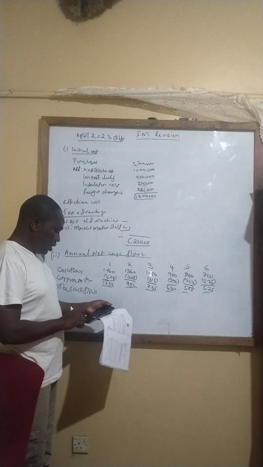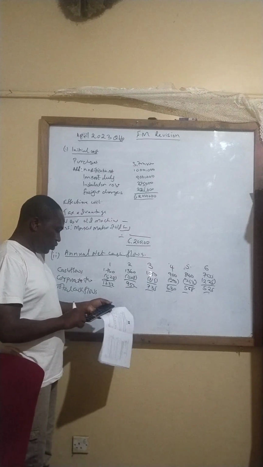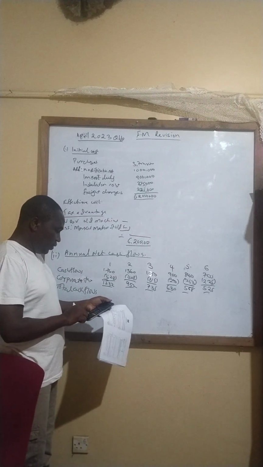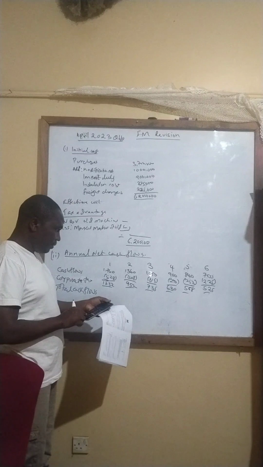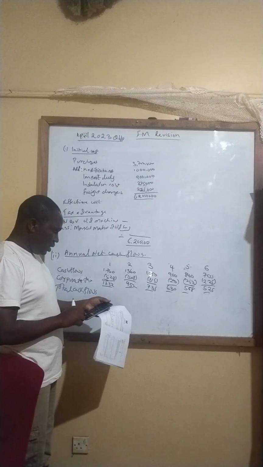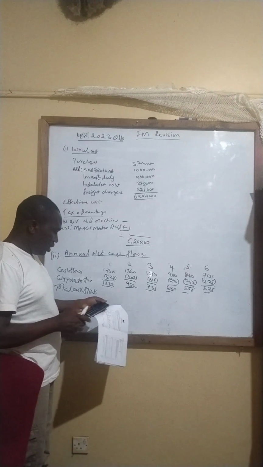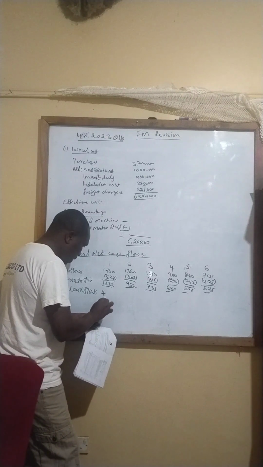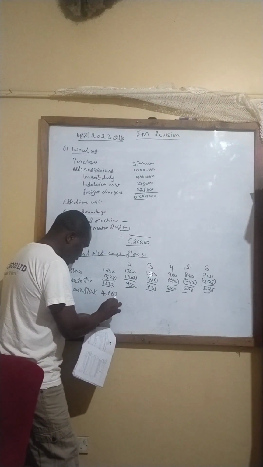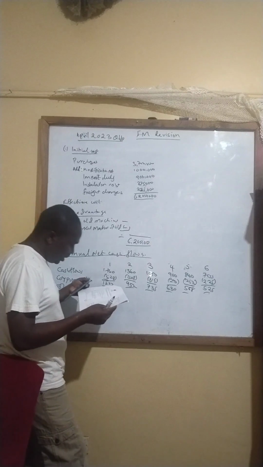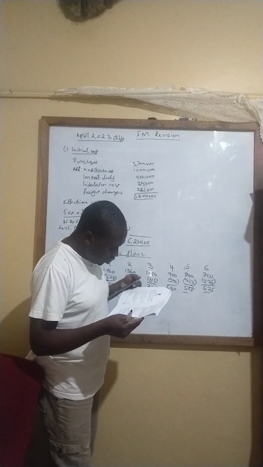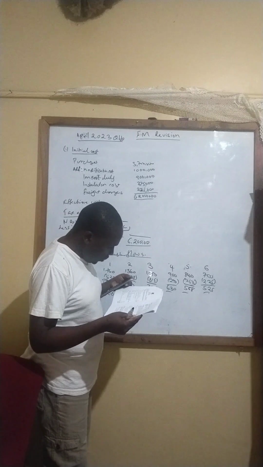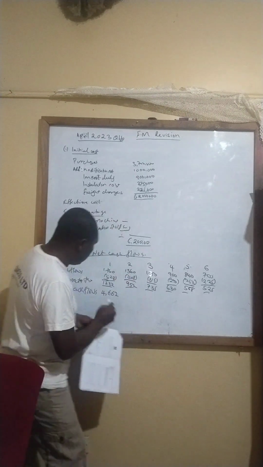So you take now 1232 plus 952 plus 735 plus 630 plus 588 plus 525. So the figure there is 4,662. So that is exactly what that examiner wanted you to do. The annual net cash flow. Yes. So this is the figure.